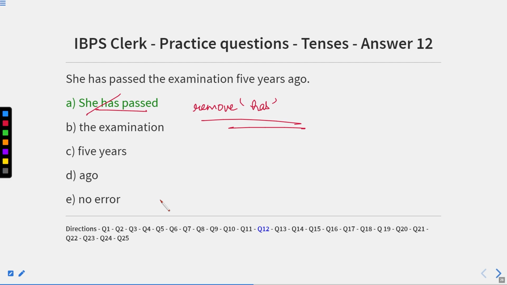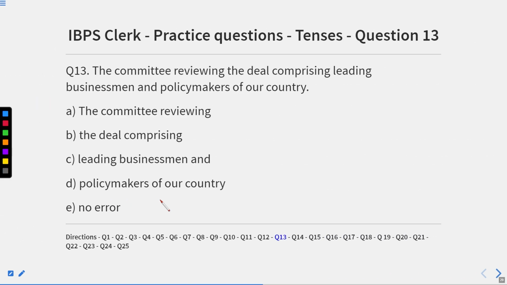Now let us move to the next sentence. The committee reviewing the deal comprising leading businessmen and policymakers of our country. The committee reviewing, it means the committee who is reviewing the deal. Comprising refers to something which is going on, but it is not going on.